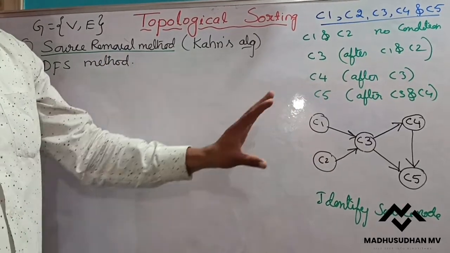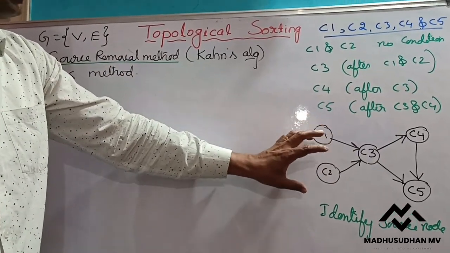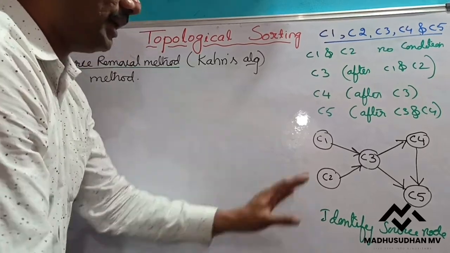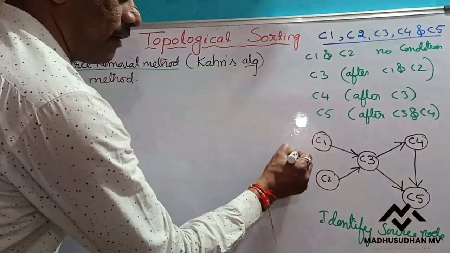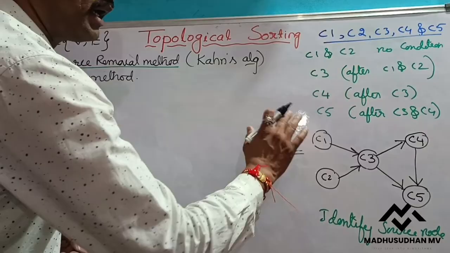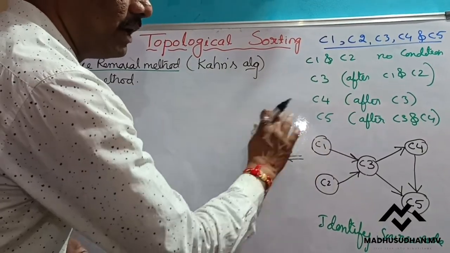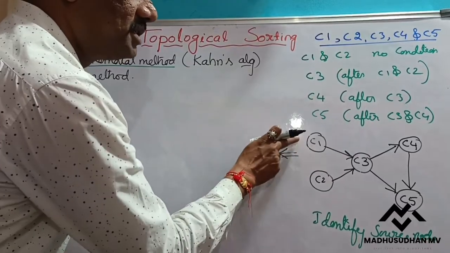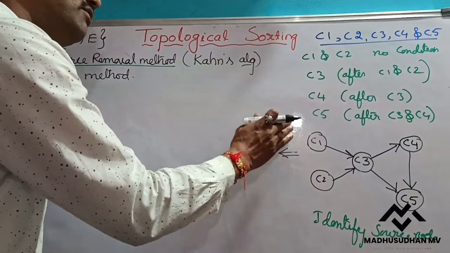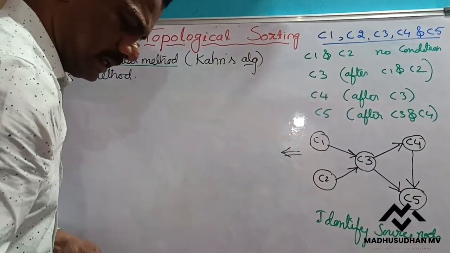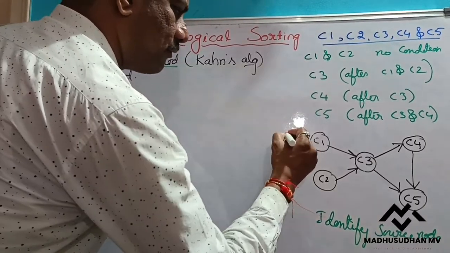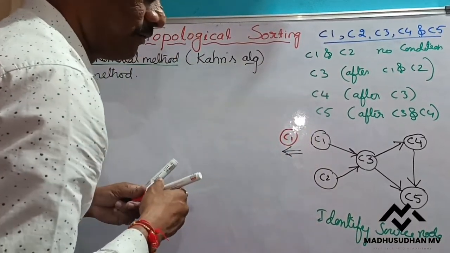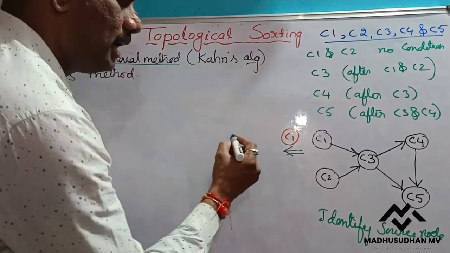Let us assume I have taken course 1 first. This is the given graph. The source nodes with 0 in-degree are C1 and C2, and I can take either one. Suppose I select C1 and remove it from the graph. What am I left with?